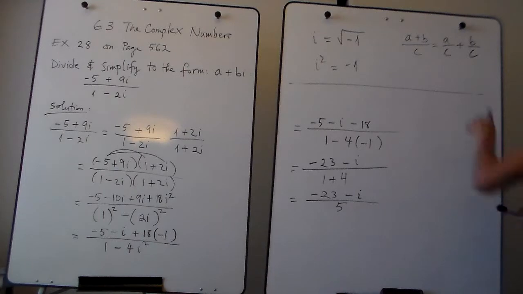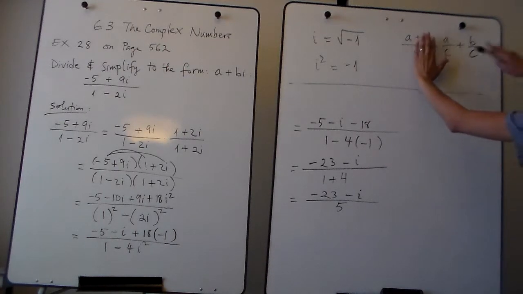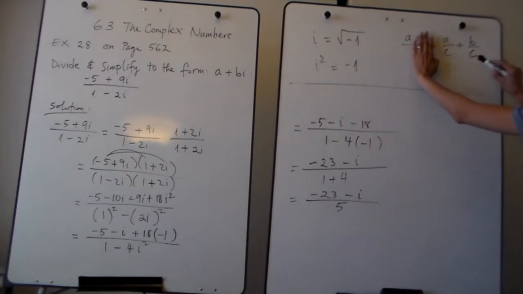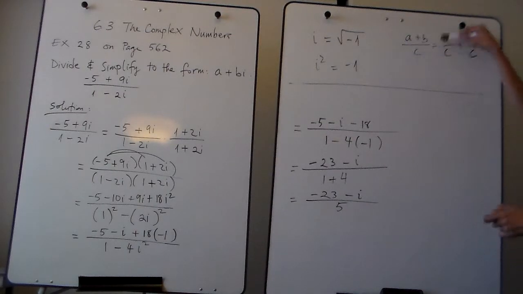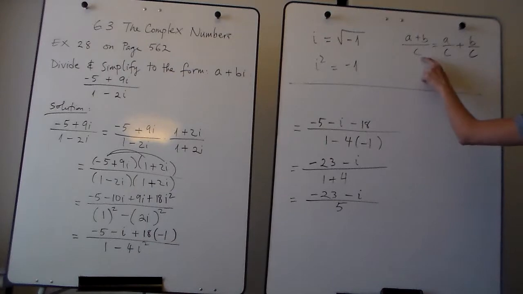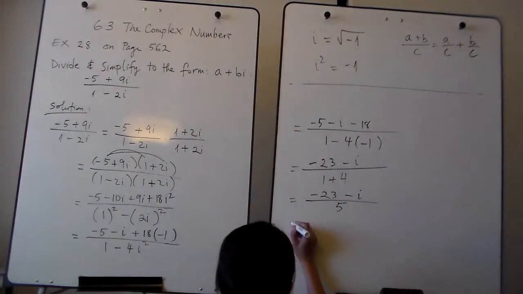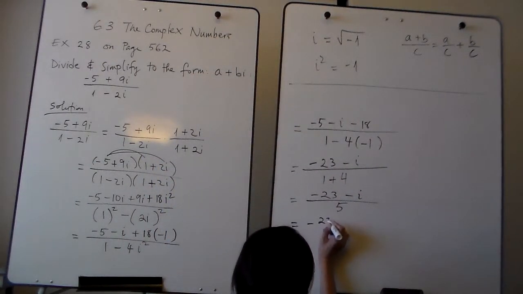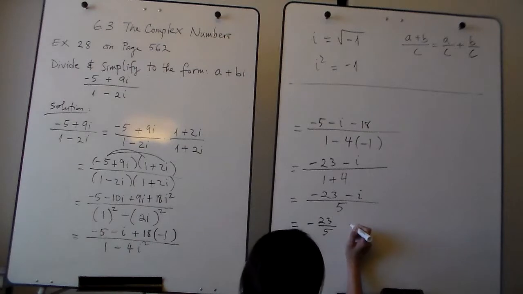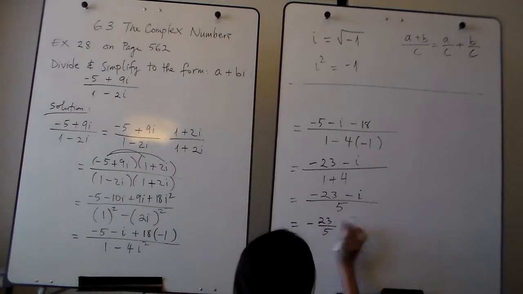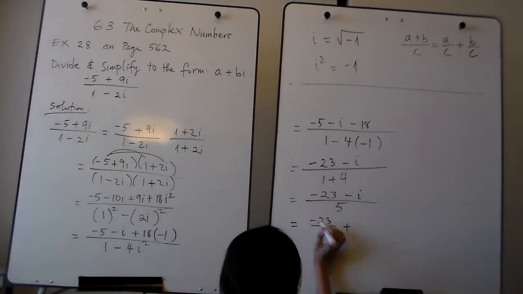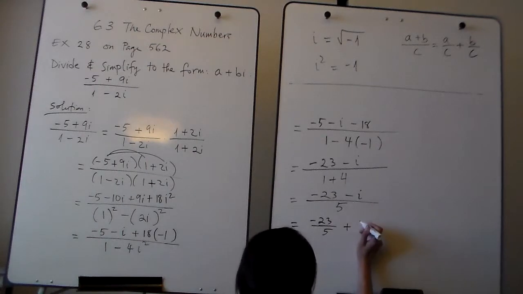You can split one fraction into two terms, or think about when you have two fractions with the same denominator, you can combine them as one term, with the common denominator c still the same, just adding the numerators. So here, I'm going to split this fraction into negative 23 divided by 5 plus negative i divided by 5.